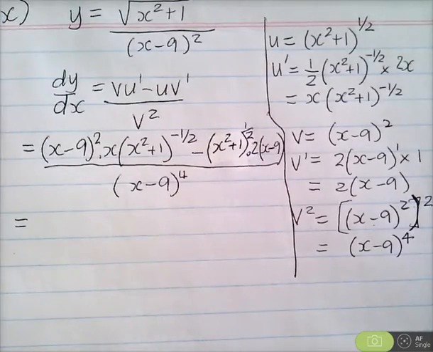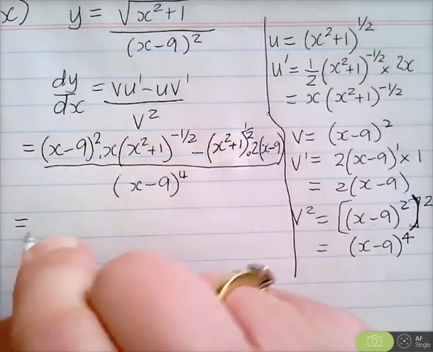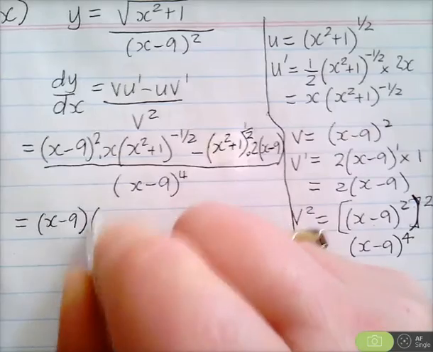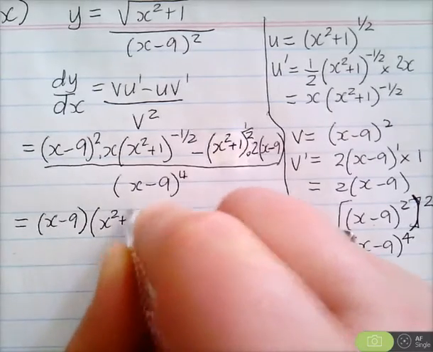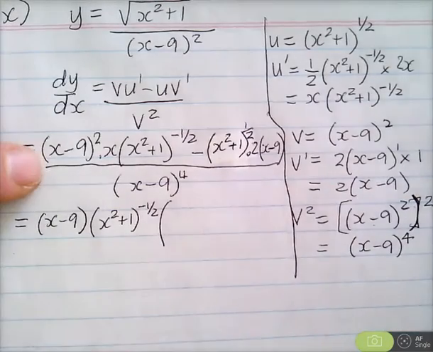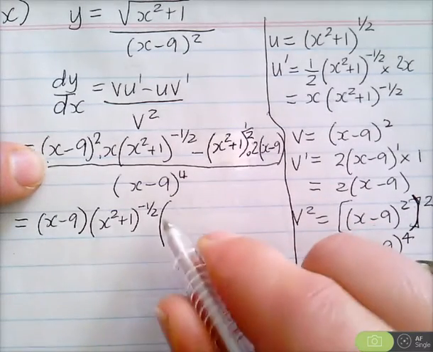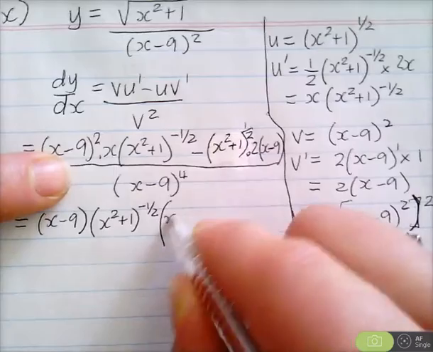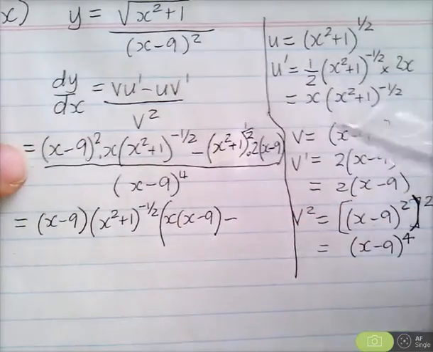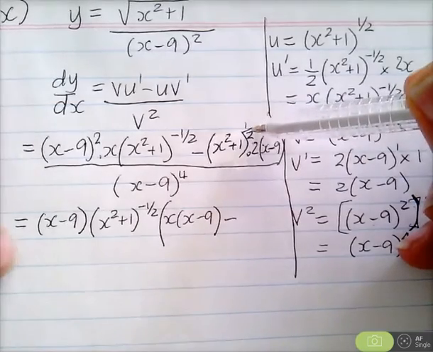What's in common? Well, no numbers. We've got an x minus 9. We've got an x squared plus 1 to the negative a half. Now, that's all that's in common. What have we got left? One x and an x minus 9, minus. What's left here?